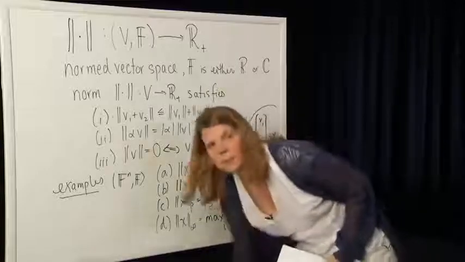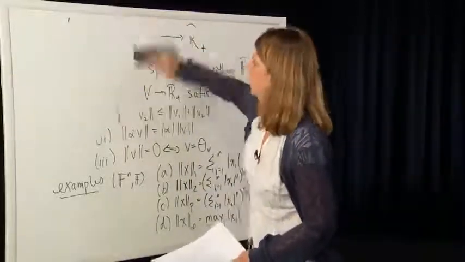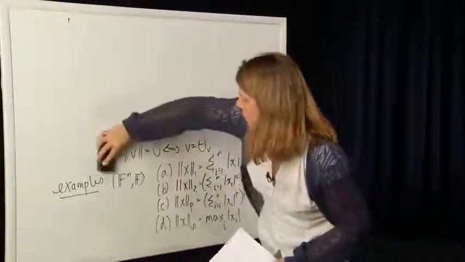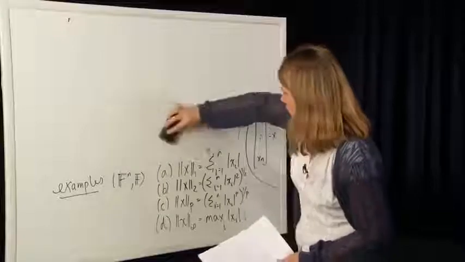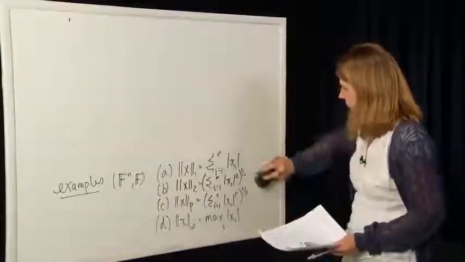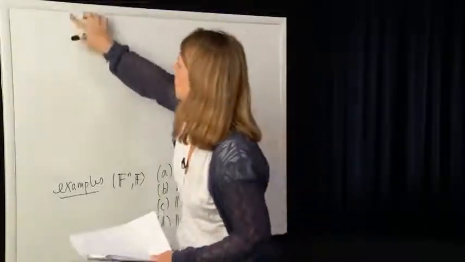What about other vector spaces? Well, we can think about matrix norms. So vector spaces which consist of matrices, and we can construct norms on those matrices. So, for example, here's more examples.